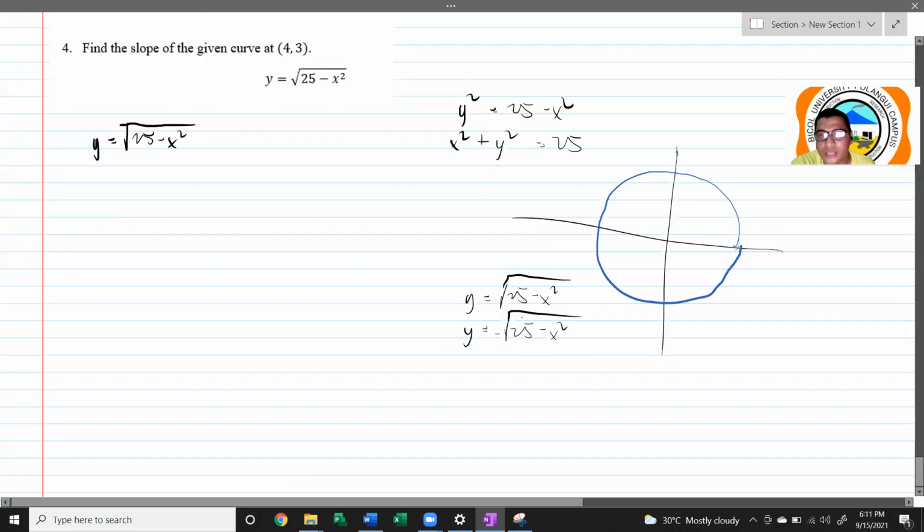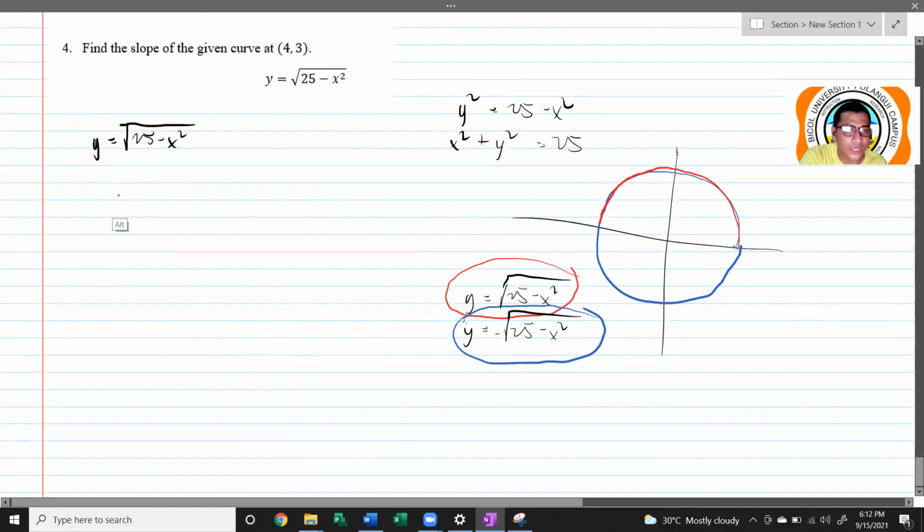This is actually the graph of half the circle, or we can say a semicircle. The graph of this one here is the upper semicircle, and this one at the bottom is the lower semicircle. Now going back to our problem, let's get its derivative.